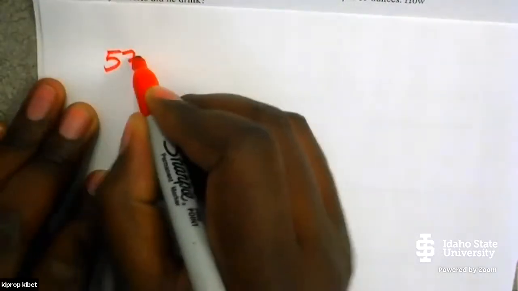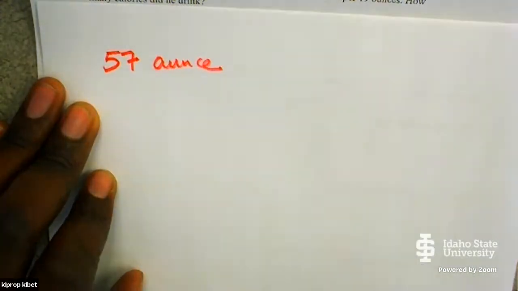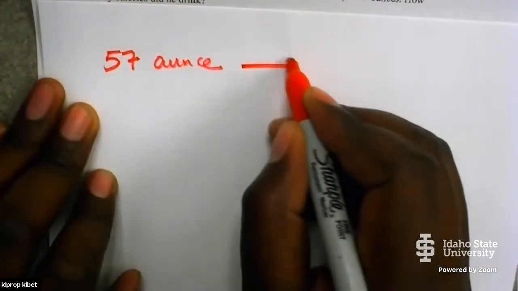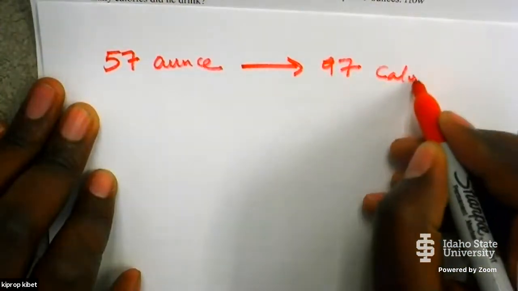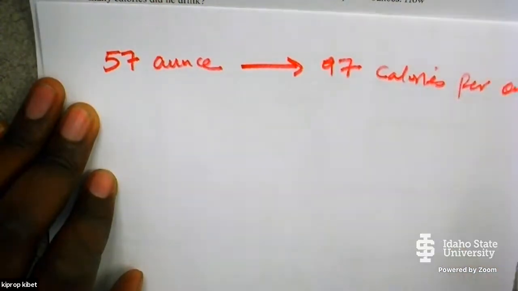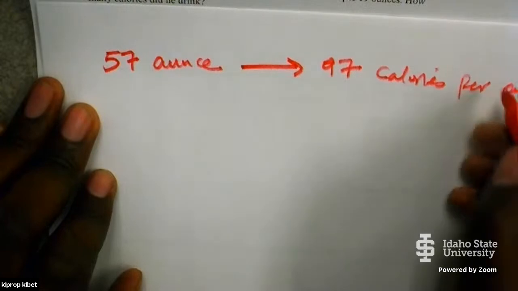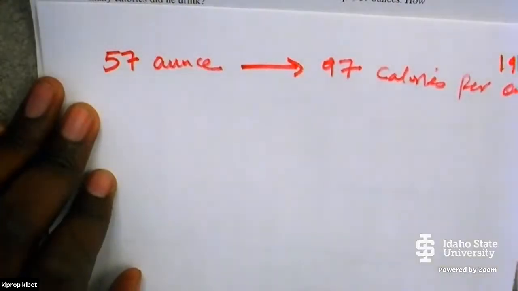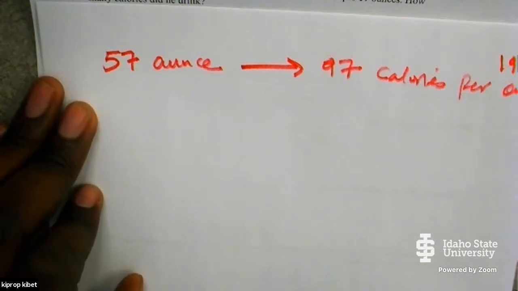So 57 ounces of energy drink containing 97 calories per ounce. Calories per ounce. Per 19 ounce. Per 19 ounce. How many calories did Mark drink? So how many calories did Mark drink?